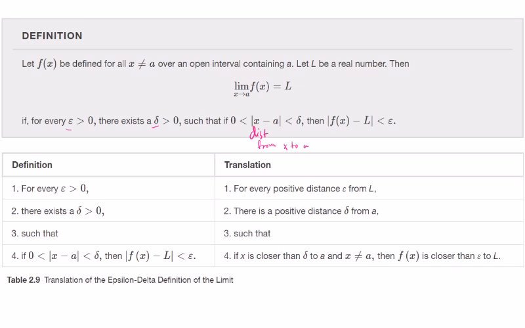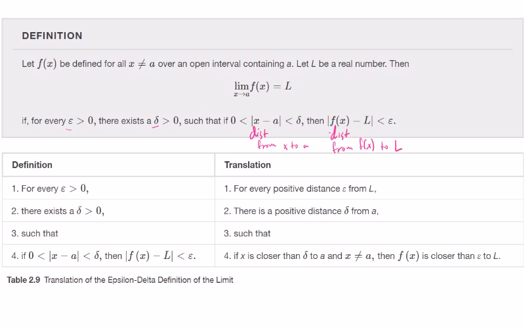On this side, we're saying that the distance from the output to the limit is less than some positive value. Once again, this could be a super small value. The distance from the function itself to the actual limit is getting less than some real number value, and that could be any real number value that's super small.